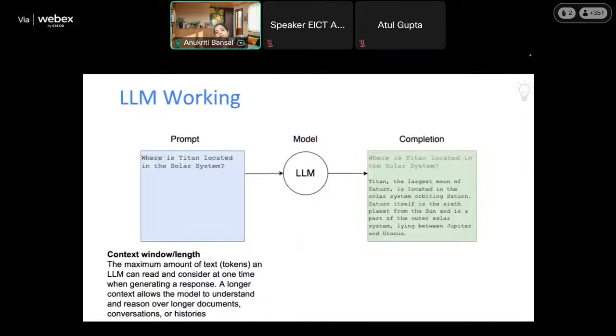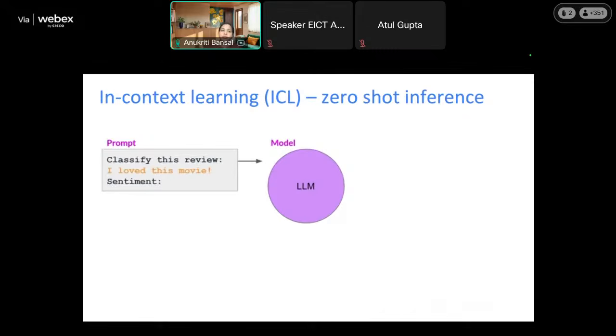And when we talk about these prompts, there is a very important term in prompt engineering, which is in-context learning. If I say, classify this review, I love this movie, and I write here sentiment, I just want to know what the sentiment of the movie is.